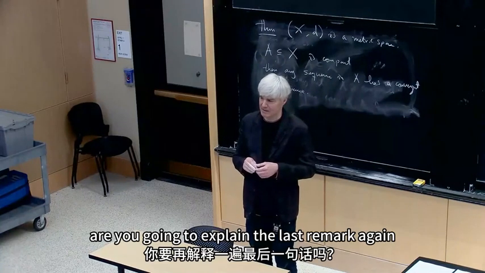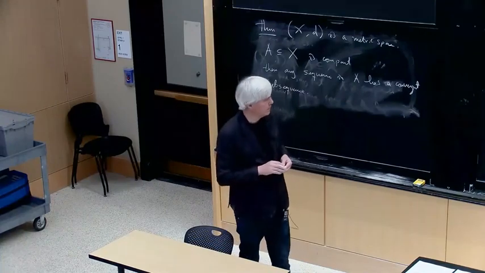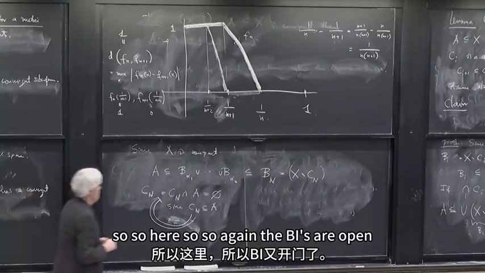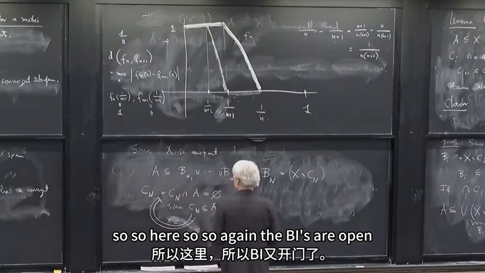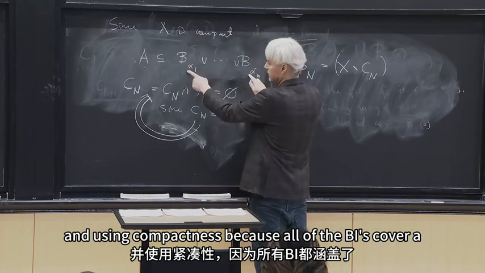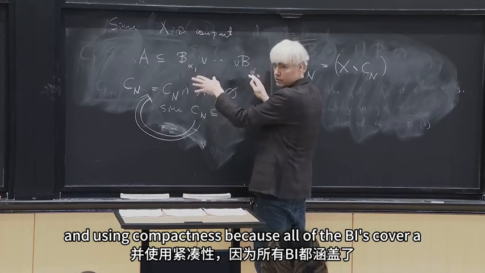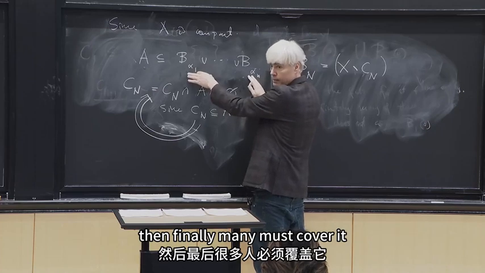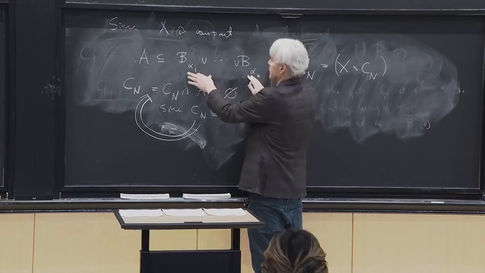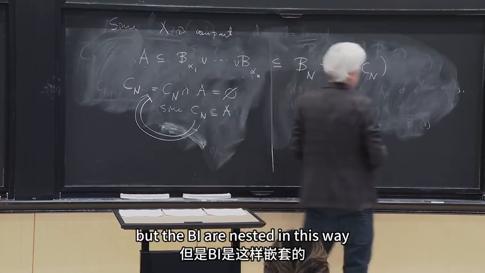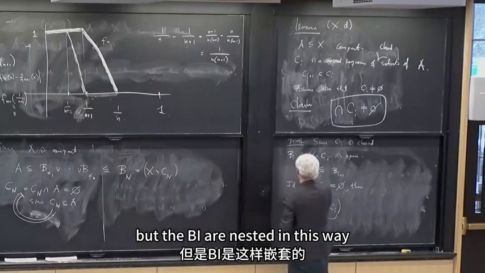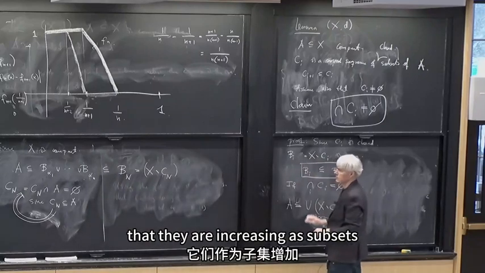Are you able to explain the last remark again? Yeah. So again, the Bi's are open, and using compactness, because all of the Bi's cover A, finitely many must cover it. But the Bi's are nested in this way, that they are increasing as subsets.